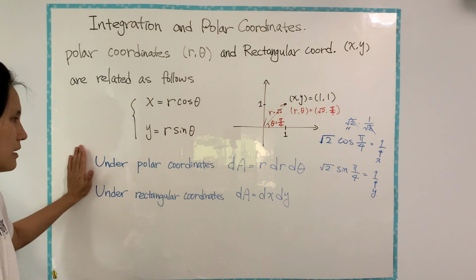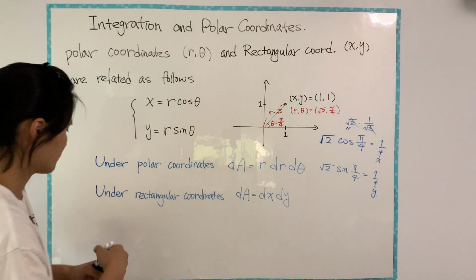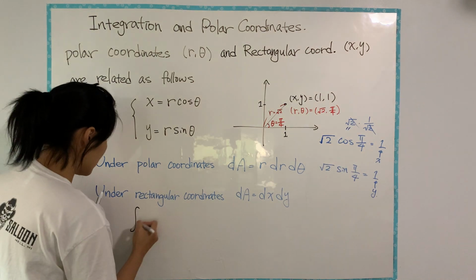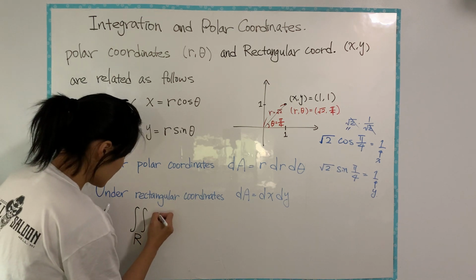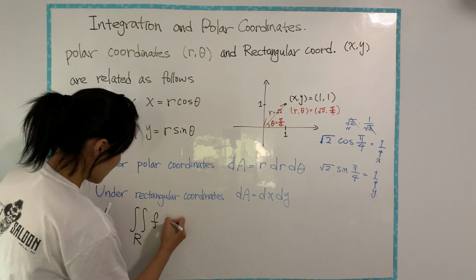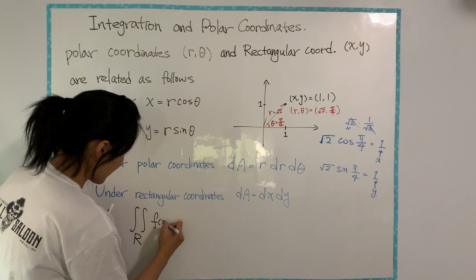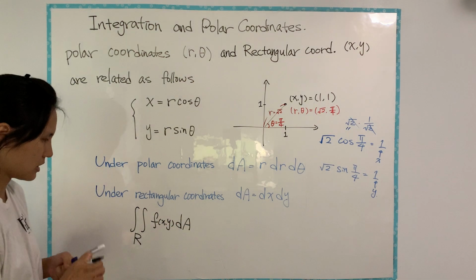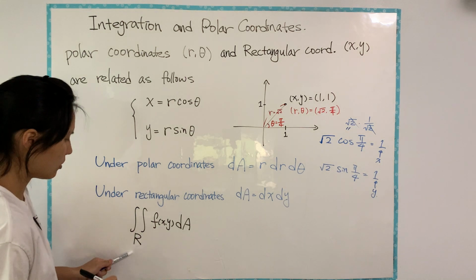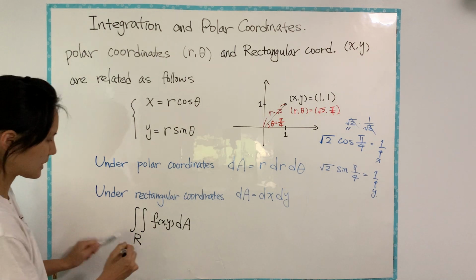Remember that we talked about the double integral. If I have a region and a function, then I can say I want to integrate this function over the region R. This is a double integral.